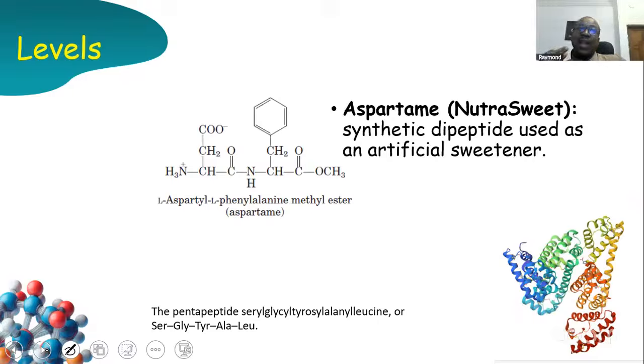But there's a side effect to this. In fact, on the container of the drug, they will write that this drug contains aspartame, a source of phenylalanine. So children with phenylketonuria cannot take that drug.